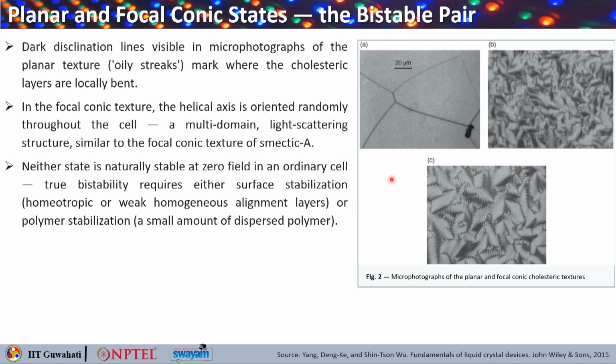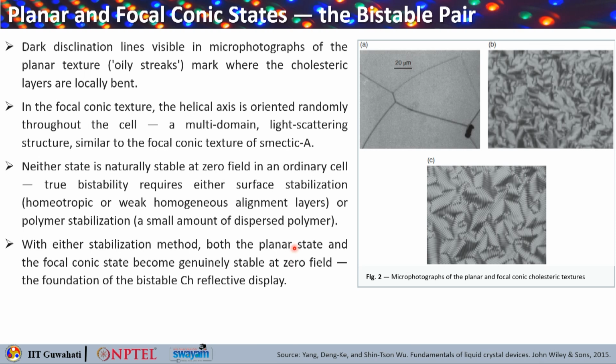Now, neither of these states is naturally stable at zero field in an ordinary cell. True bistability basically requires surface stabilization, that means homeotropic or weak homogeneous alignment layers, or polymer stabilization by using a small amount of dispersed polymer.